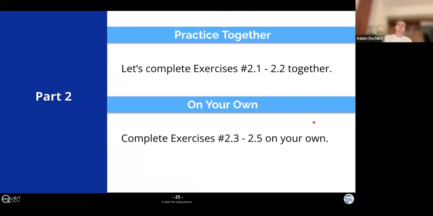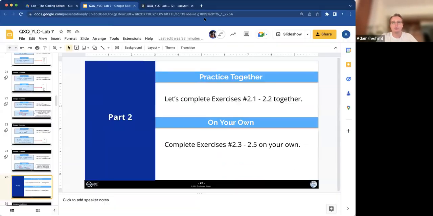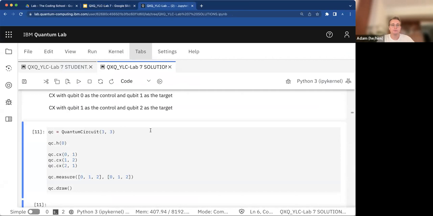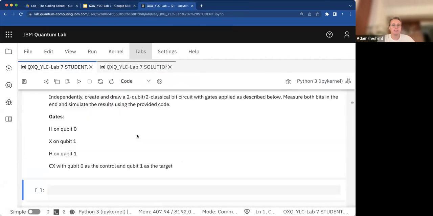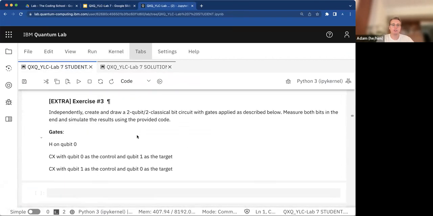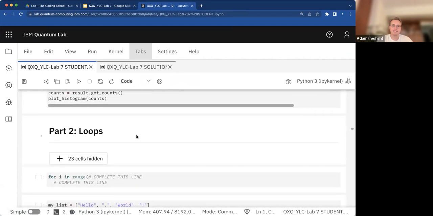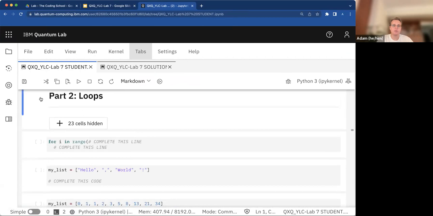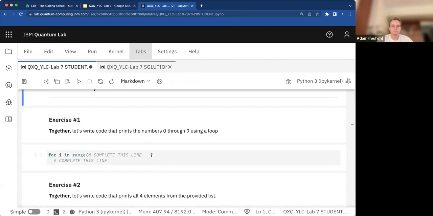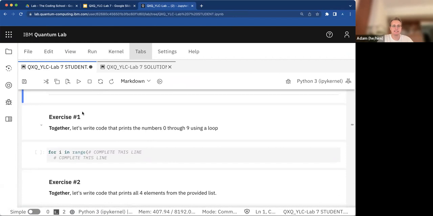Okay, so let's go ahead and do this. We'll complete a couple exercises together, and then I'll let you work on a couple on your own. So let's go through to part 2 here. So notice we're skipping the extra exercises in the Qiskit review, and we're jumping into loops. So you should see something like this.